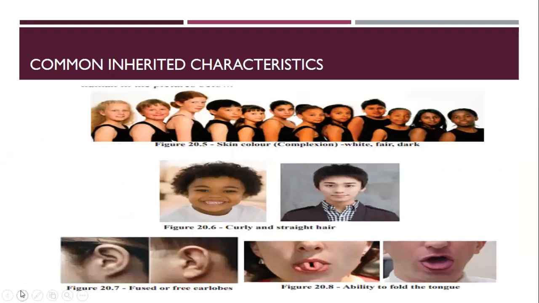These are common inherited characteristics that we inherit from our generations. For example, the skin color, curly and straight hair, the fused or free earlobes, or the ability to fold the tongue.